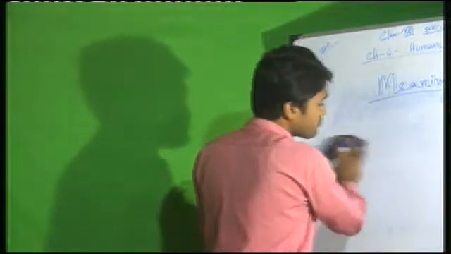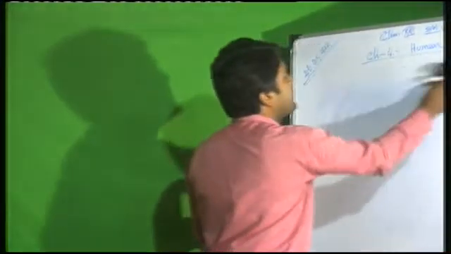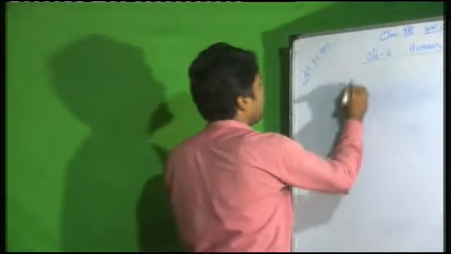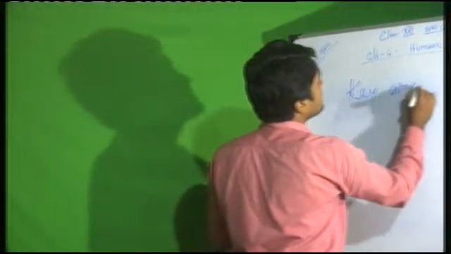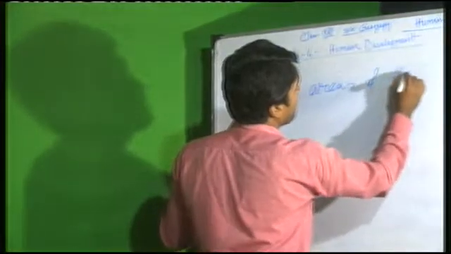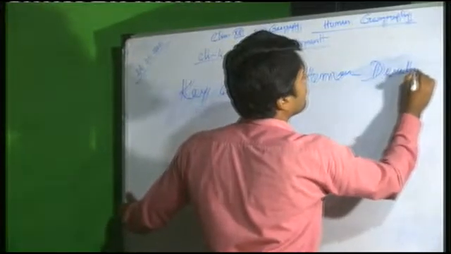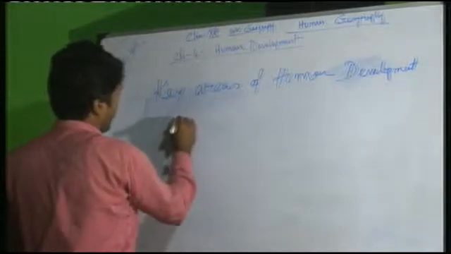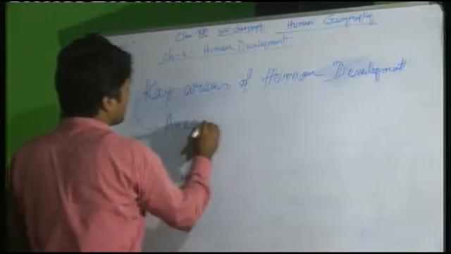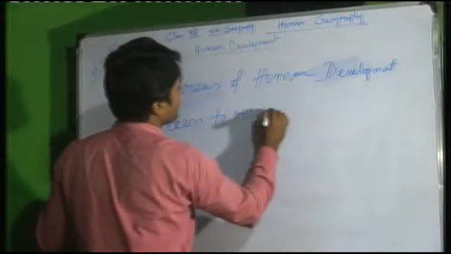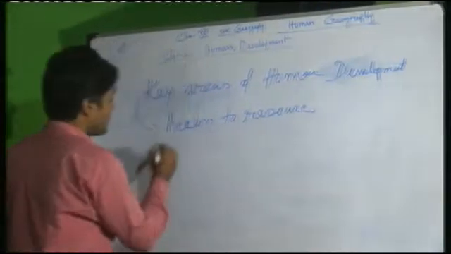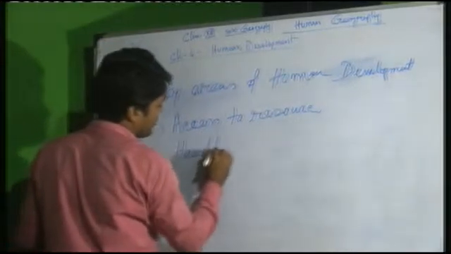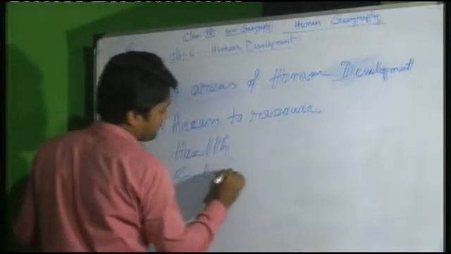I have already told you the key areas of human development. These are the 3 key areas of human development, and this is also very important. Key areas of human development: first, access to resources, then health and education.